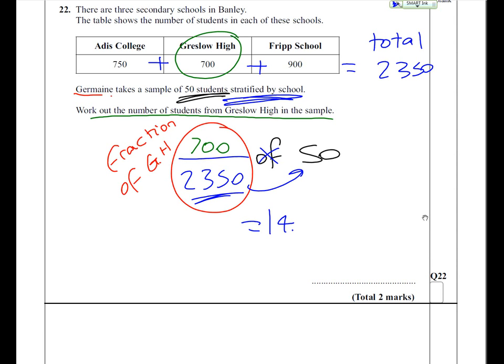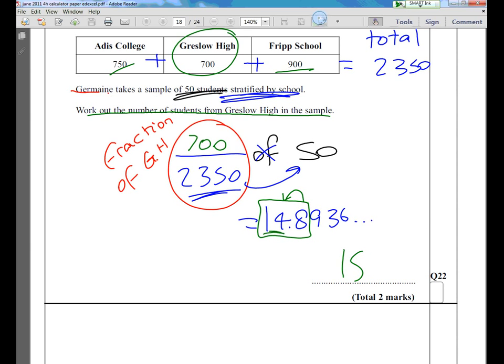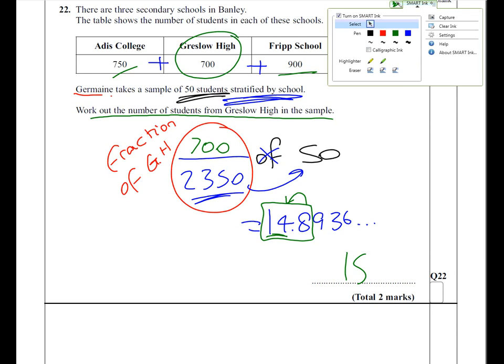It gives you 14.8936, etc. Now you can't go cutting people up, so what you need to do is decide if you're going to take 14 or 15 people. So if you round, you can round it to 15, the 8 can round up. And you would just make sure if you did this to each category that they added up to 50, exactly how you wanted it. Okay?